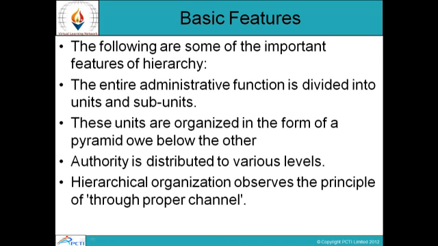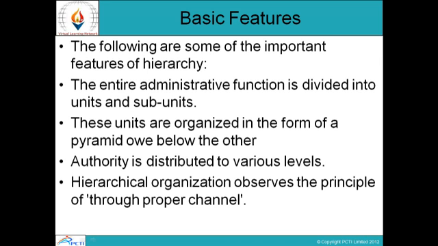If we talk about the hierarchy itself having a structure, that structure has a pyramid style. That means the higher level is divided into further structure, then further divided. So that is always a pyramid structure. Then another is that authority is distributed to the various levels.